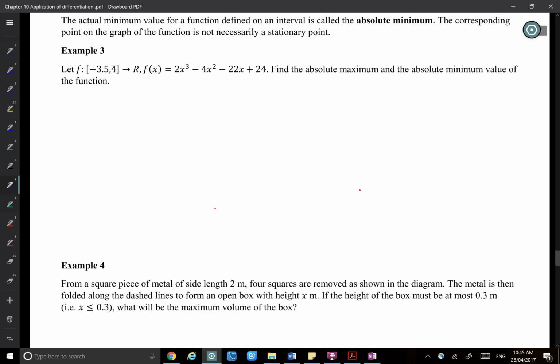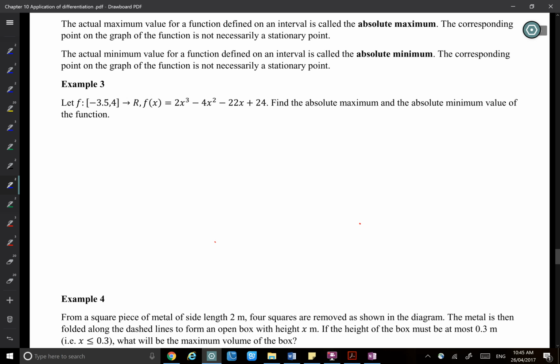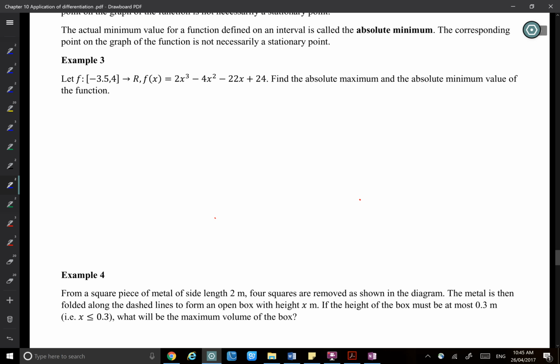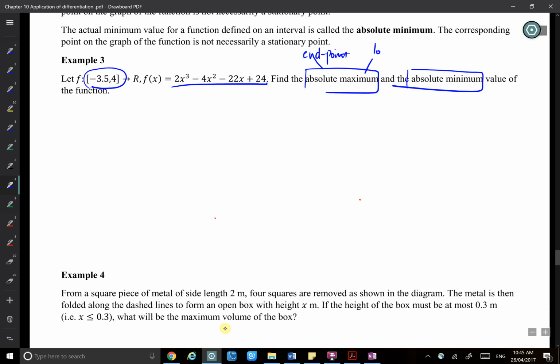Let's have a look at example 3. I have explained to you what is the absolute maximum and the absolute minimum. Let function f have domain negative 3 to 4, f(x) equals this function. Find the absolute maximum and the absolute minimum for this function. The absolute maximum is either one of the endpoints or the local maximum.